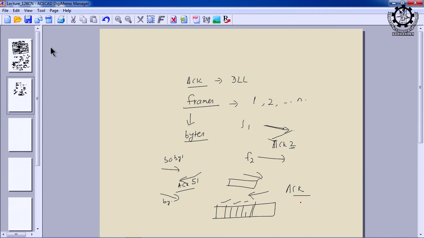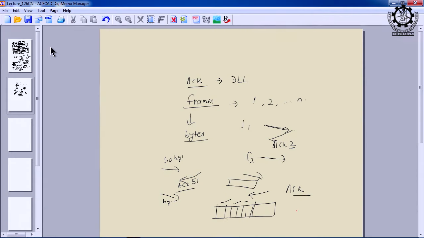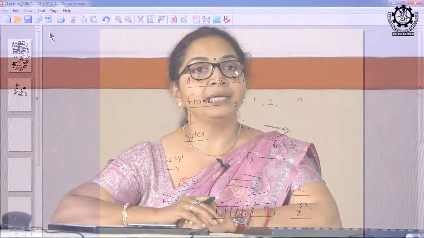So, it decides the number of the byte to be sent by the sender next. And because it is 32 bit, you can use 2 to the power 32 acknowledgement numbers. That many bytes can be handled by TCP.